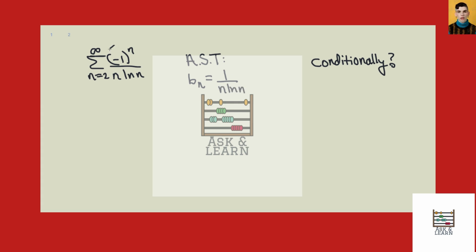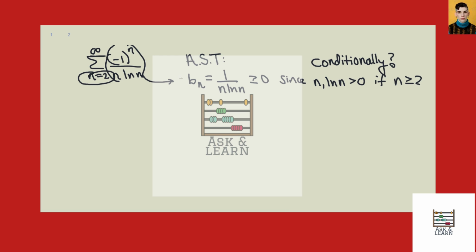So we're taking absolute value here. And then notice that this is positive since n and natural log of n are both positive if n is bigger than or equal to 2, which is the case in our problem.